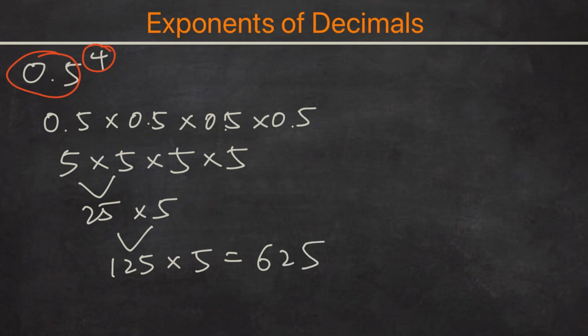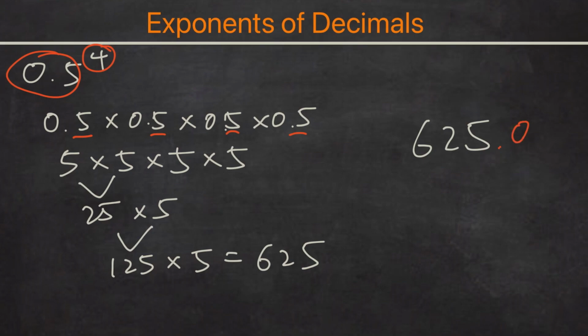And now we're going to go back and look at how many decimals we need to place back. So here's 1, 2, 3, 4. So 4 decimal points. 625, I'll go ahead and rewrite it here. The decimal point starts at the end because this would be like 625.0.